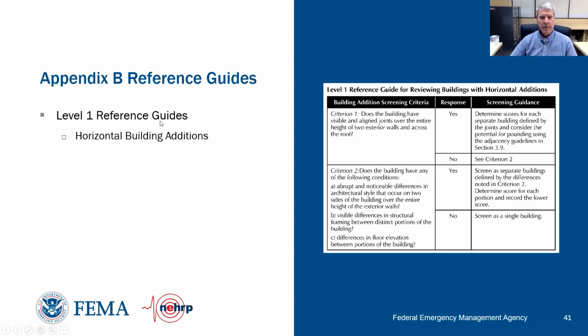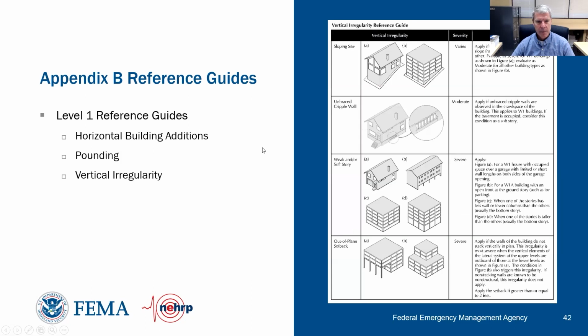So I mentioned earlier about the Appendix B reference guides. They're fantastic because it summarizes everything. It has the adjacency criteria in there that we went through in terms of the table I talked about. It has the pounding criteria. It has the vertical irregularity criteria.